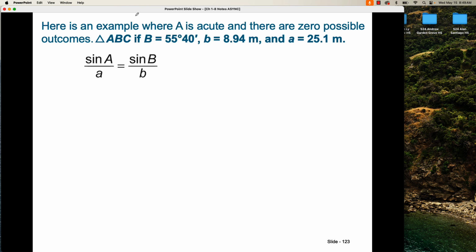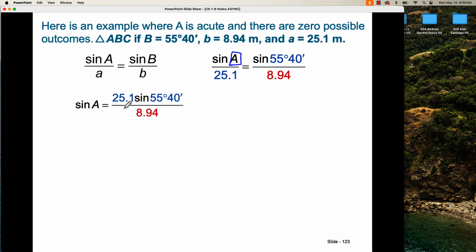All right, let's see. Using these two ratios from the law of sines and plugging in what we know, we are trying to find capital A. Knowing little a, little b, and capital B, plug them in, and now try to solve for capital A. Use cross multiplication, divide both sides by 8.94, and it turns out that for this to be possible, sine of capital A would have to be equal to this right here.